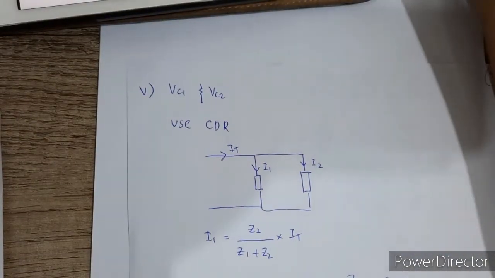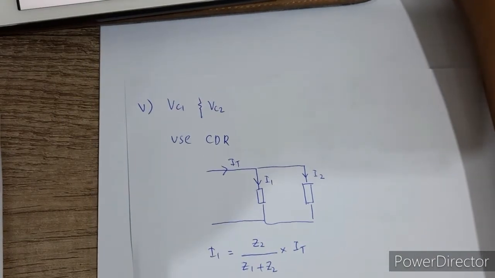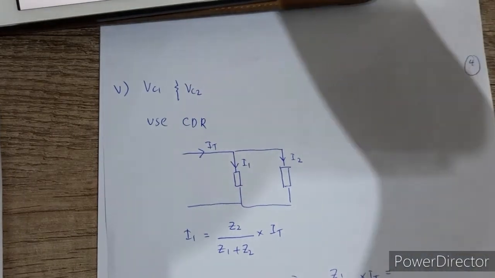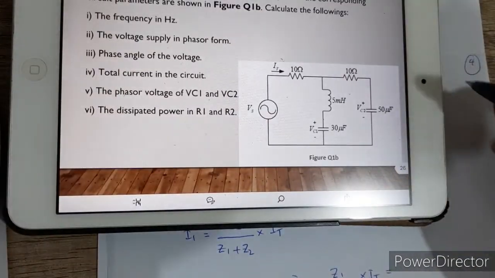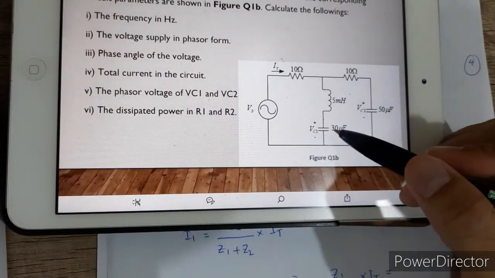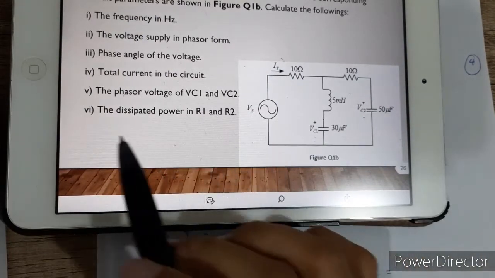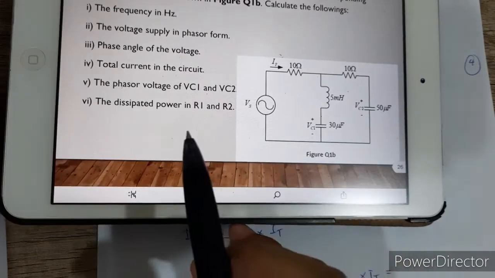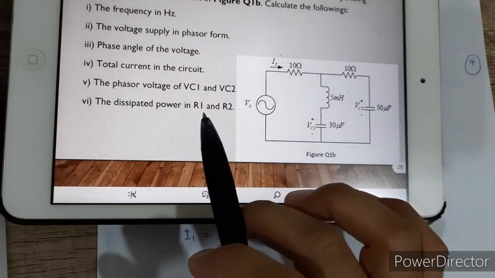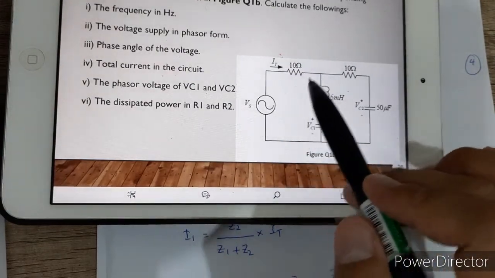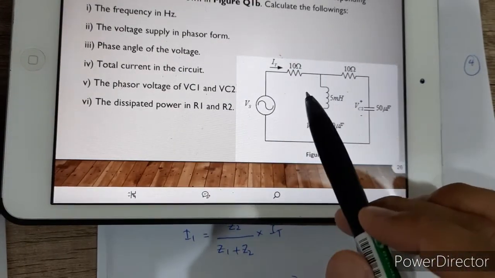Next, we want to determine the phasor voltage of VC1 and VC2, which is the voltage across C1 and the voltage across C2. If you look at the next question, it asks for dissipated power in R1 and R2. We assume this is R1, and this is R2.